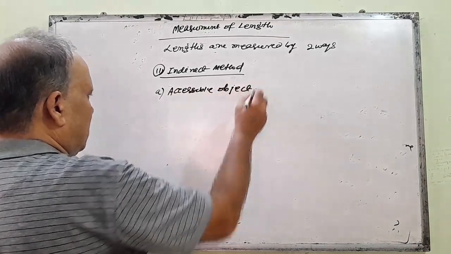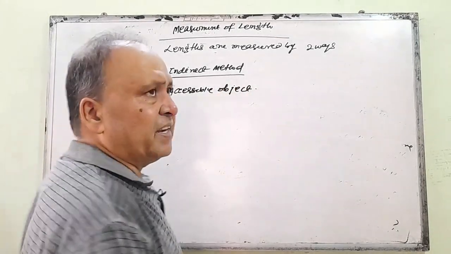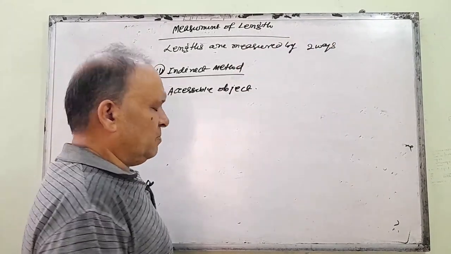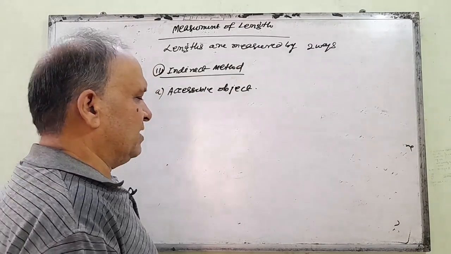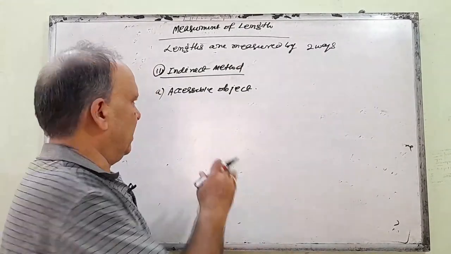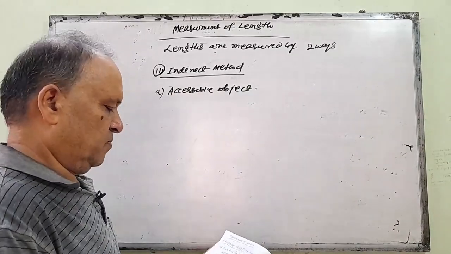What is an accessible object? Like a tree or like a pole. That means these are easily seen and these are near to you, like these are accessible objects.